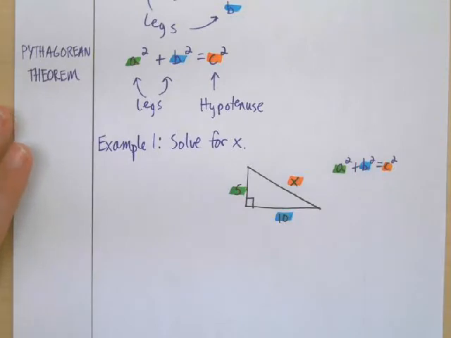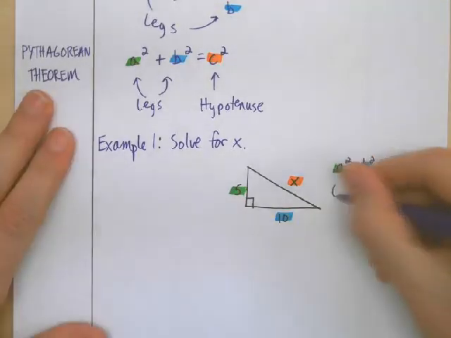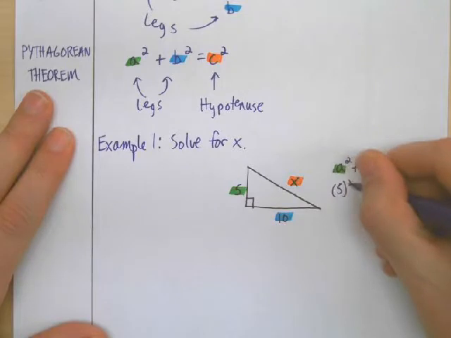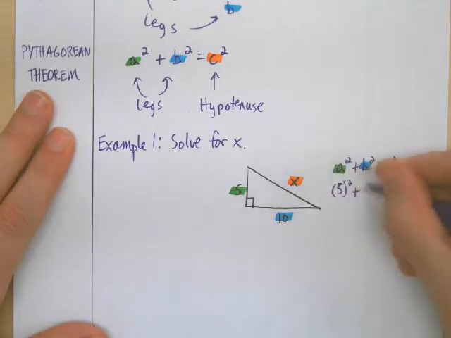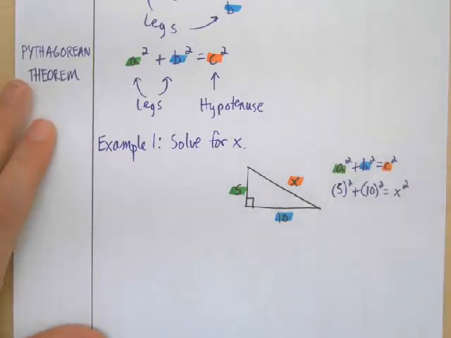And now I'm going to substitute. A is 5, B is 10, and C is our variable x.